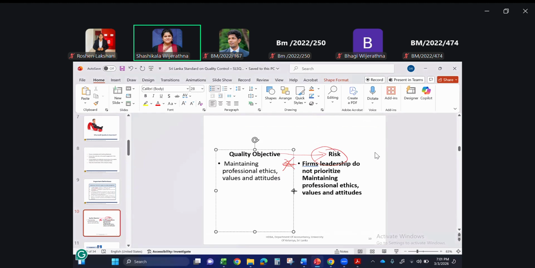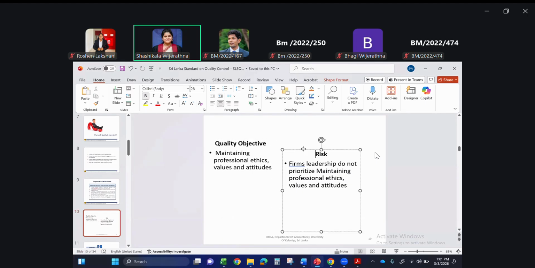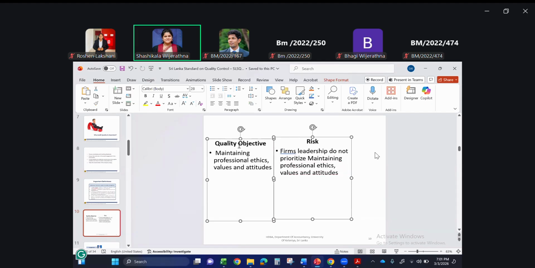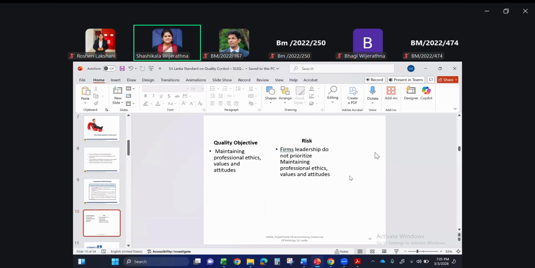Nathan, we identified the quality objective and then the risk. So what can be the response for this risk? Makes a succession plan. Okay.